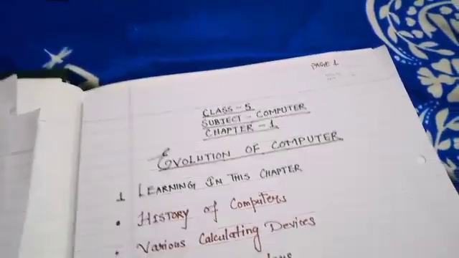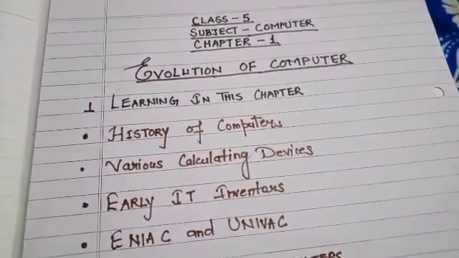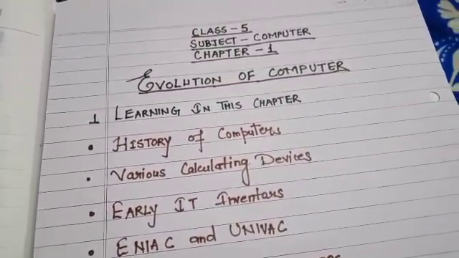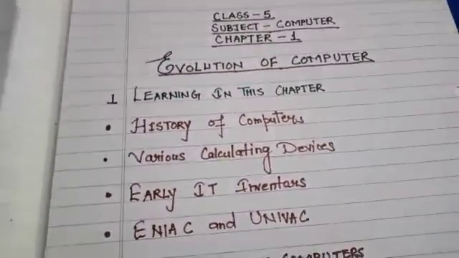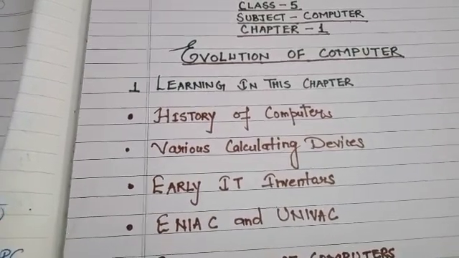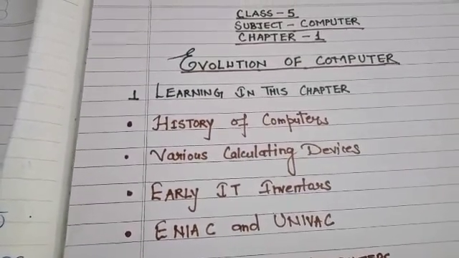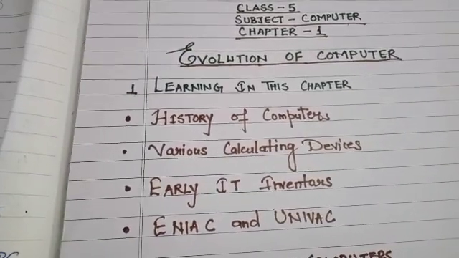And early IT inventors are Charles Babbage, Lady Augusta Ada Lovelace, George Boole, Dr. Herman Hollerith, John von Neumann, Howard Aiken. And early calculating devices are abacus, Pascaline machine, Leibniz calculator.